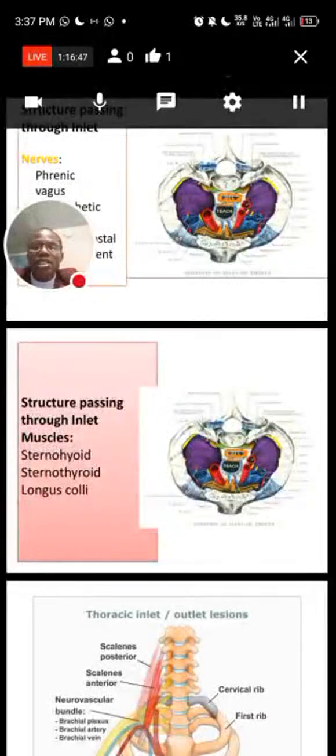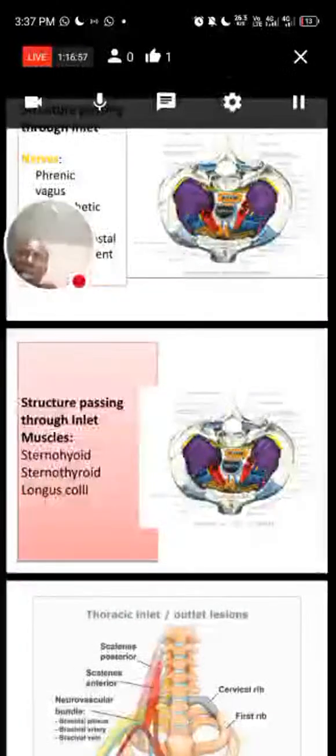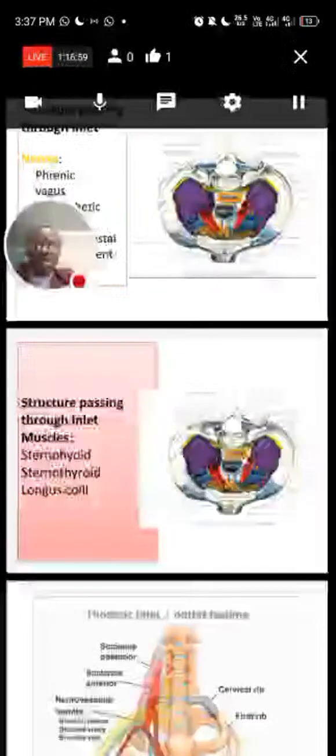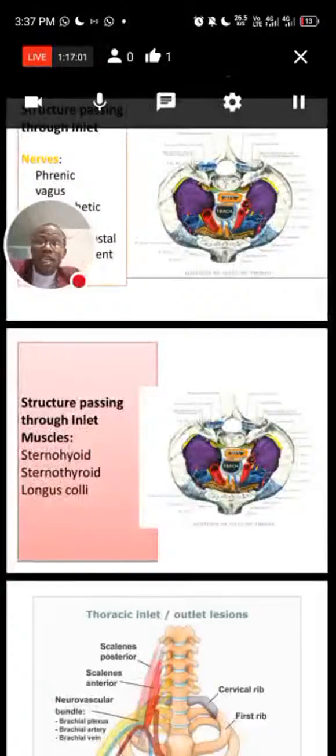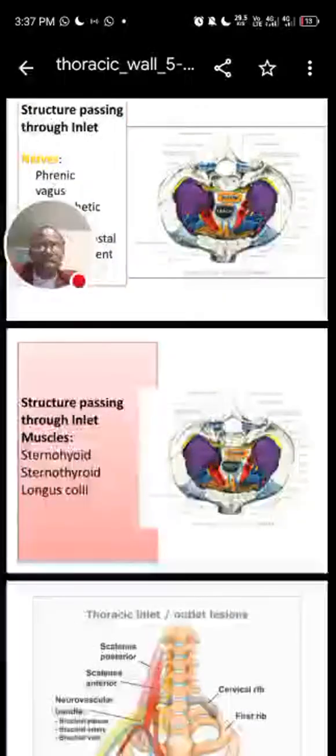So we are going to end this session shortly. Now we're trying to check for the nerves, and then we said the mnemonics for remembering the inlet structures, the superior thoracic aperture.